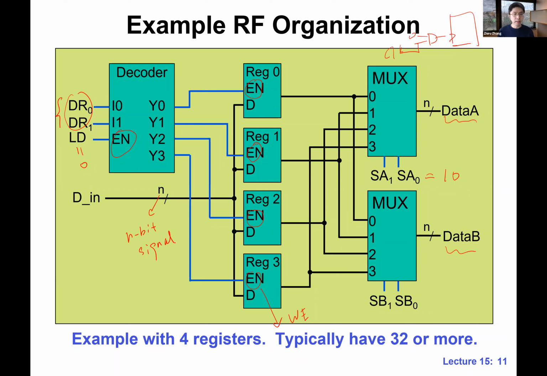We haven't defined n yet. Usually, like I mentioned, n for a modern processor is 32 or 64. But in our case, we usually assume something simpler, either 8-bit or 16 bits. This is a multi-bit line, a bus, and we use this slash to indicate the bus. That's the notation.